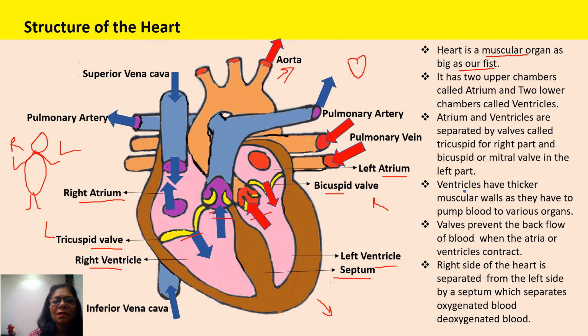Two pulmonary veins coming from the left lung and the right lung bring the blood into the left atrium. The inferior vena cava brings the blood from the lower portions of the body, and the superior vena cava brings the blood from parts of the body which are placed higher than the heart, and they open into the right atrium.